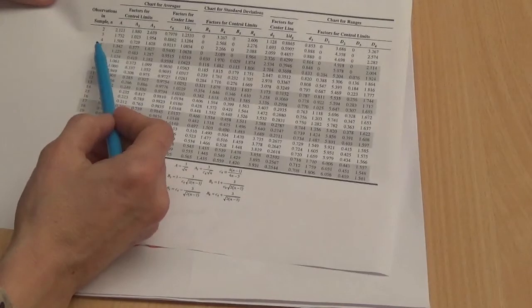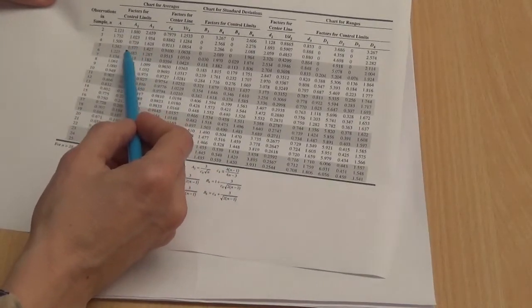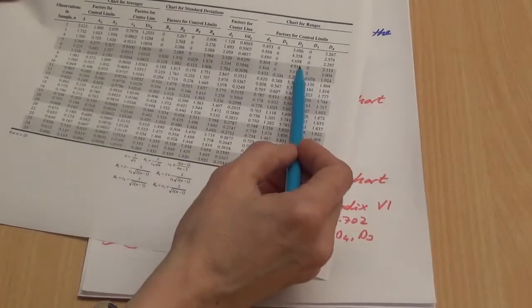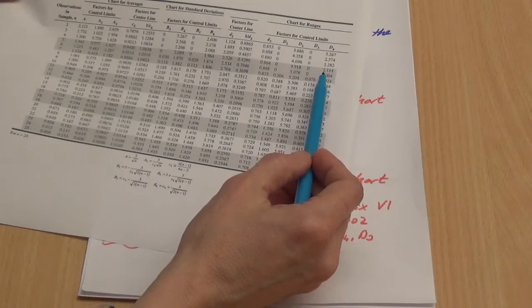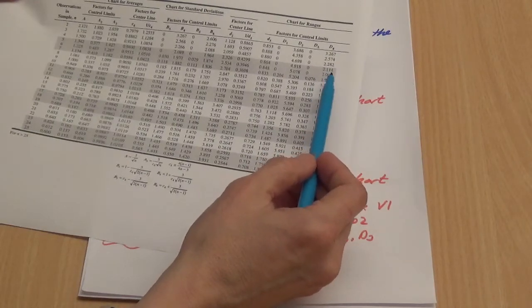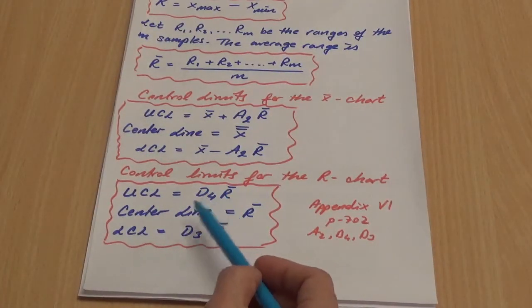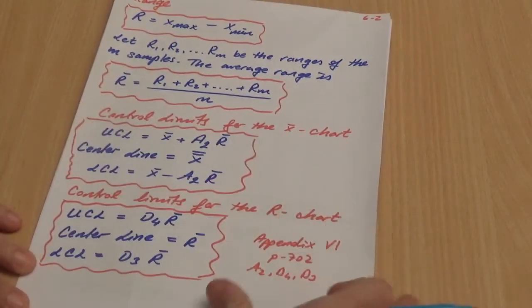Let's say that each time we're taking 5 samples. Then A2 would be 0.577, D3 would be 0, and D4 would be 2.140. So we will take the values from this table and put them into the formula and find the values and then draw the control chart.